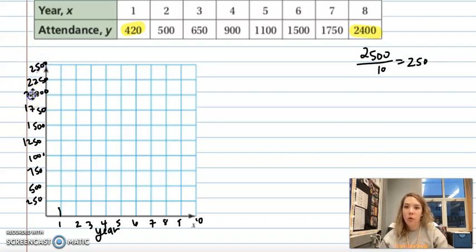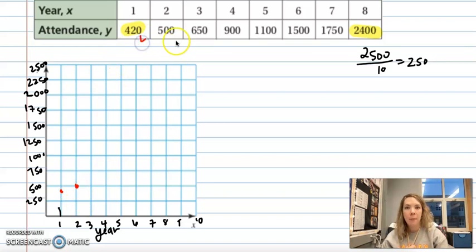Okay, so my axes are labeled now, and I just need to plot my points so that I can draw my line. And then ultimately we want an equation for that line. So 420, you're going to have to kind of estimate where some of these would go. 2, 500 will be right on the grid line.